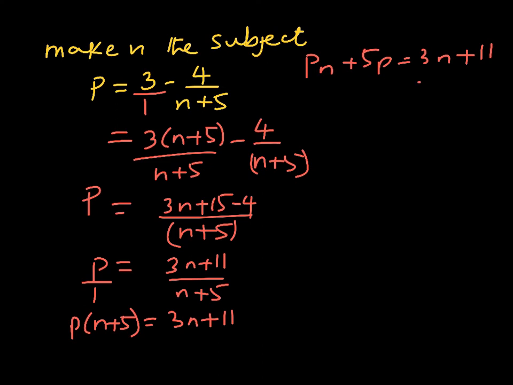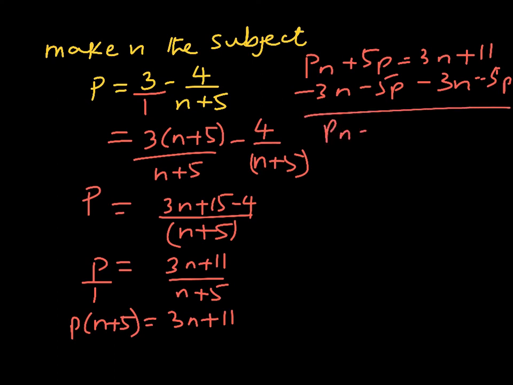So we subtract 3n on this side and subtract 3n on the other side. We also subtract 5p on both sides. If we do that, this becomes pn minus 3n is equal to 11 minus 5p, as the 3n cancels out.